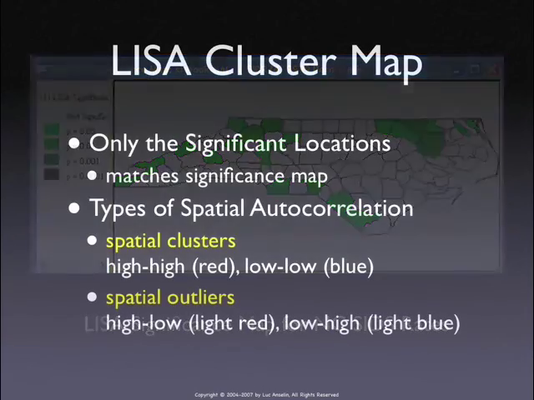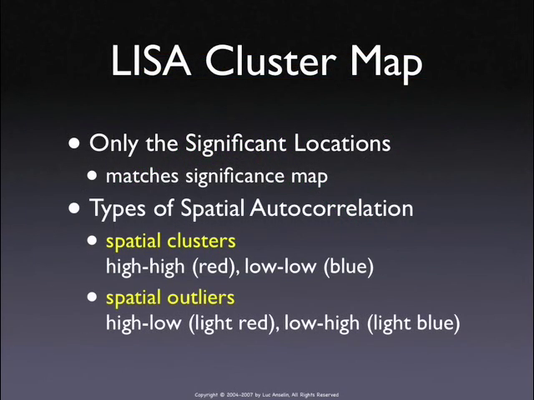The other, and then in many ways the more meaningful visualization of the local Moran is what we call a LISA cluster map. Again, only the significant locations. So in that sense, it matches the significance map in that you only see color where something is significant.